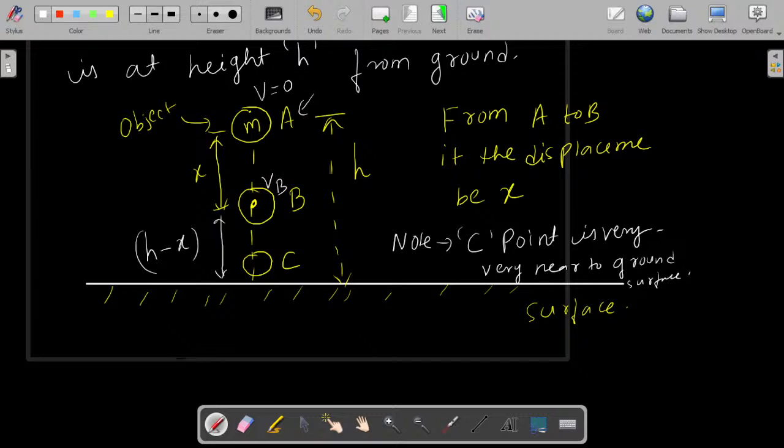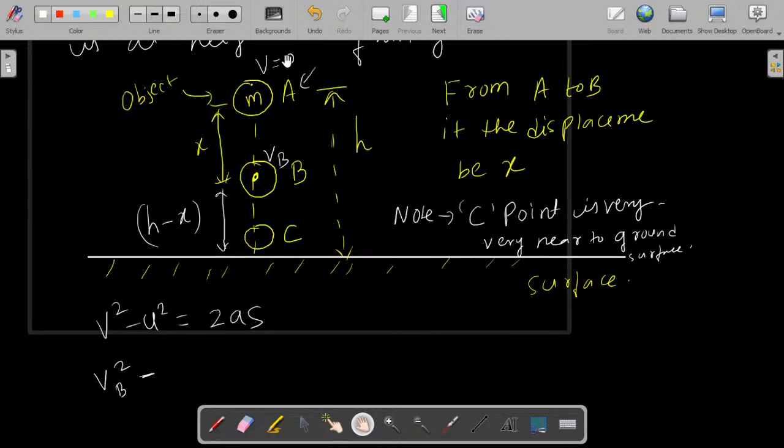You know the formula, V square minus U square is equal to 2AS. S is the displacement. So the final velocity is VB. So you write here VB square minus initial velocity, which is 0.